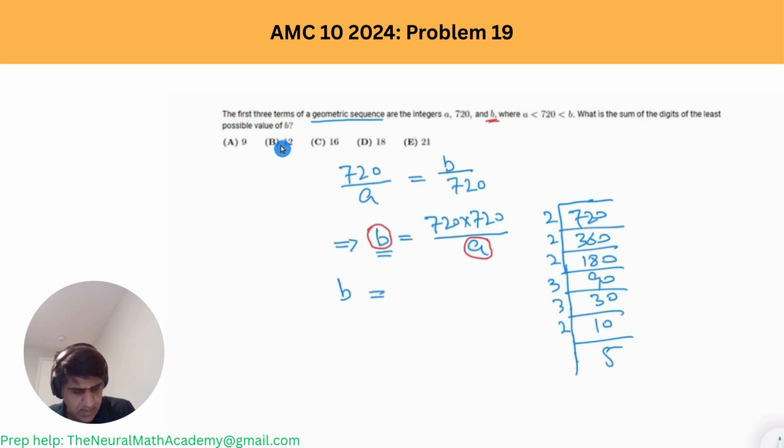So then I would write it as 2 to the power 4 multiplied by 3 to the power 2, 5 to 1. And now I would write the same for this as well, over a. So if I put these powers together, I can write it like this.